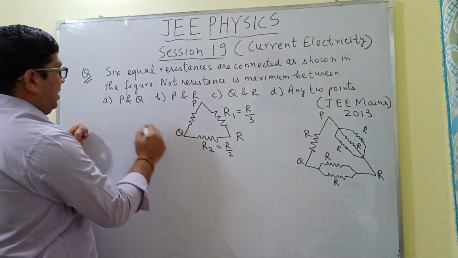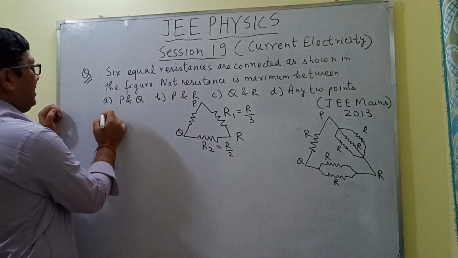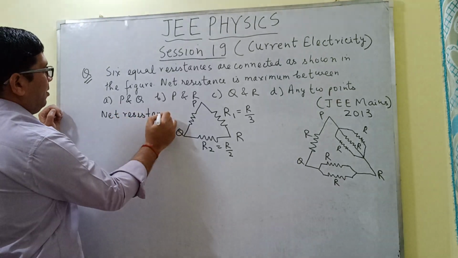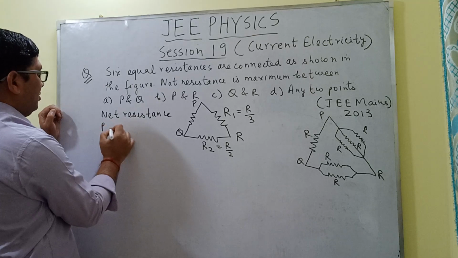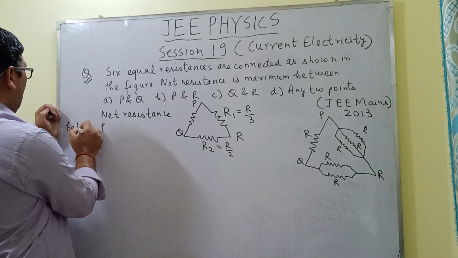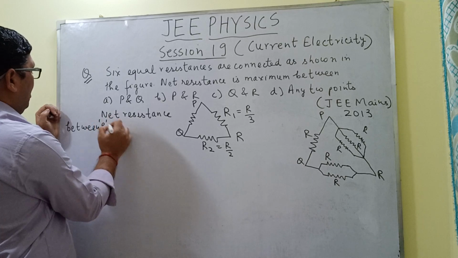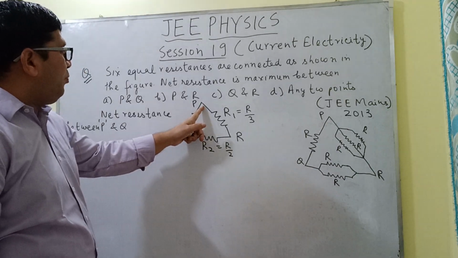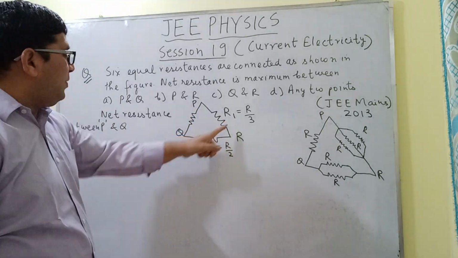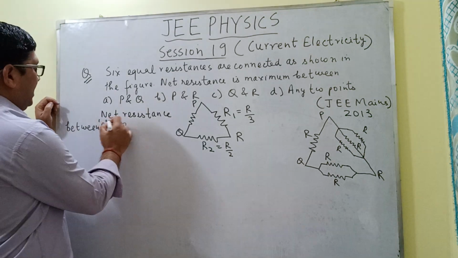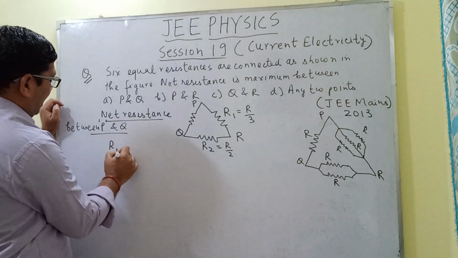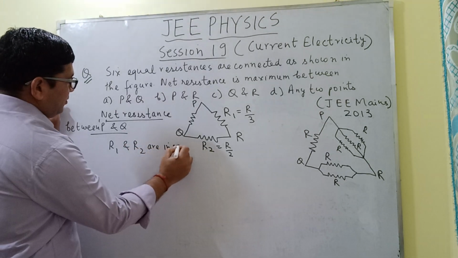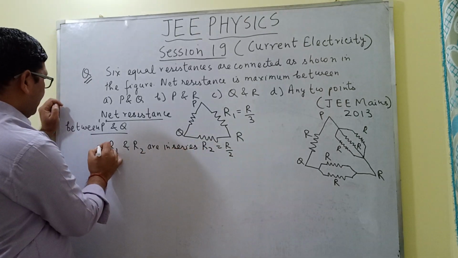So now first thing is that I will be calculating the net resistance between the points P and Q. Okay, so what will this be? Now if I am considering the points P and Q, then R1 and R2 are in series. Okay, this is the first point.